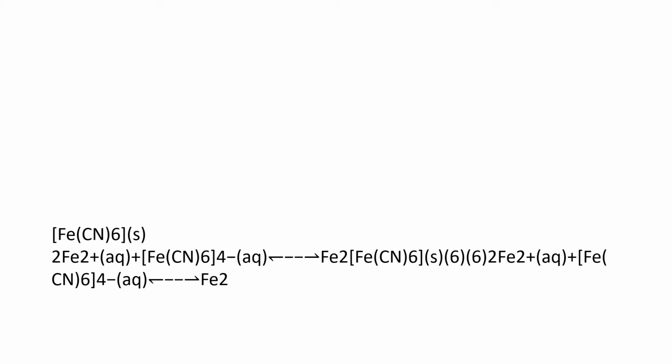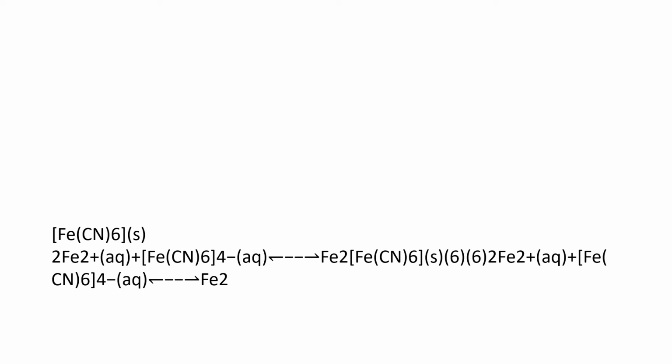For example, potassium ferricyanide is used as an external indicator during the titration of ferrous salt solution with potassium dichromate solution in acidic medium.